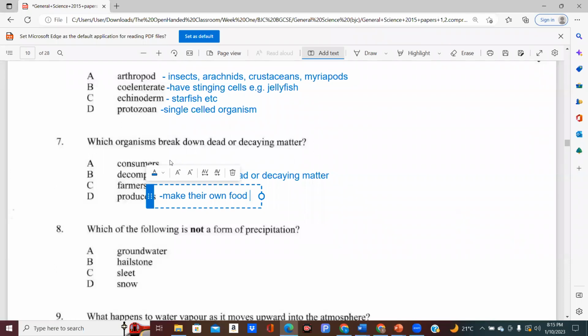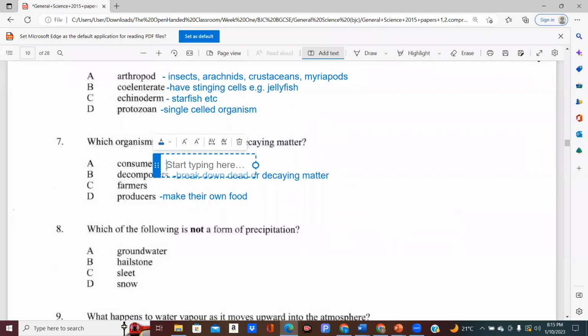Okay. Consumers. What do consumers do? They purchase. No, we aren't talking about that type of consumer. We're talking about consumers in the food chain.